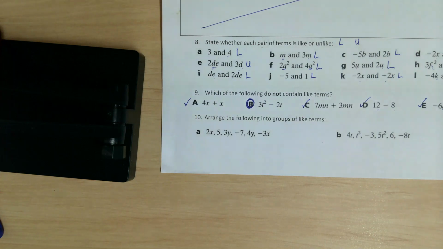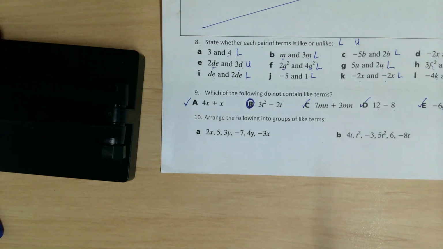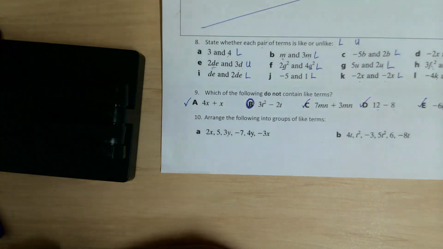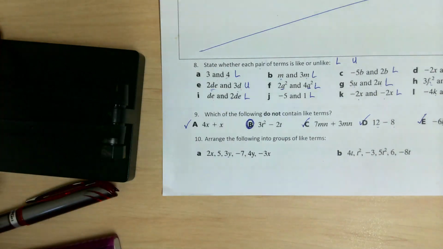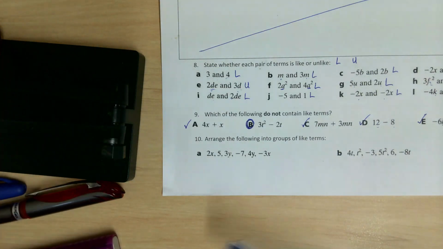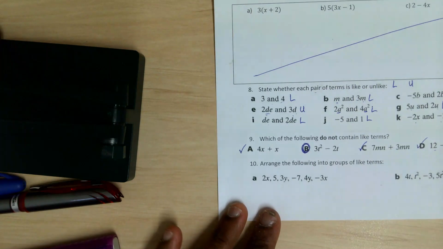Alright, next one. We have to arrange the following into groups of like terms. The way I would do this, and I recommend you do it in the exam, is if the question was group like terms, I would get my highlighter or a different color pen, and I would highlight over things that are alike.